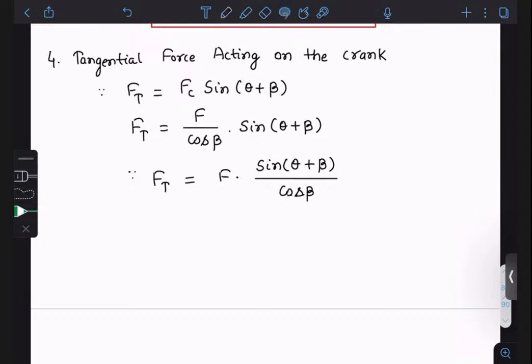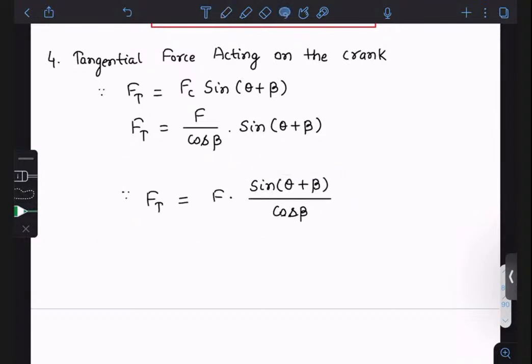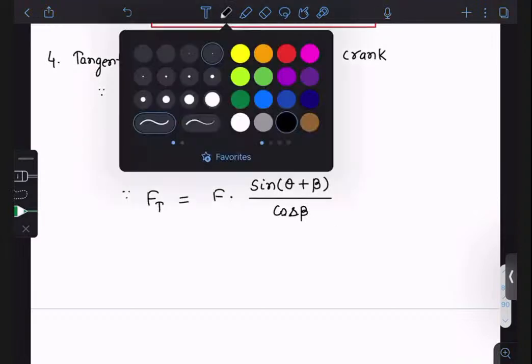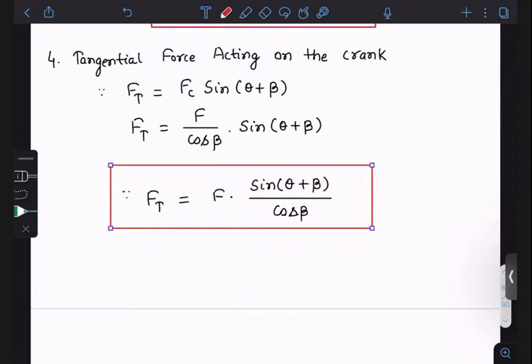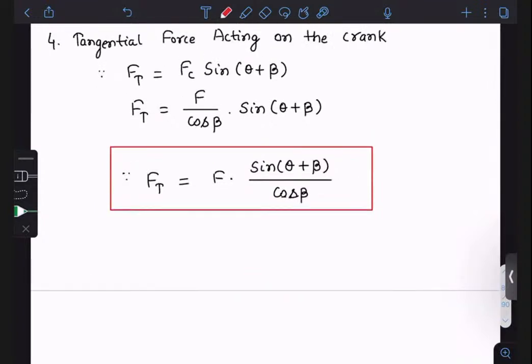Clear? So remember that, my dear. This is your tangential force acting on the crank.